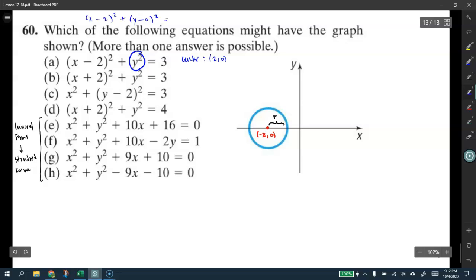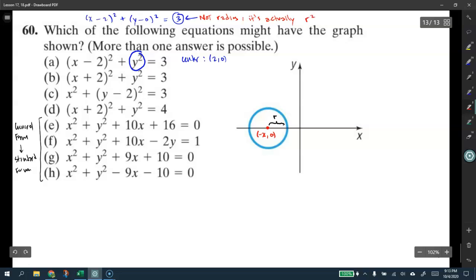And notice that the 3, what it really represents is, the 3 is not the radius. Be careful with this. Let me put this in red. The 3 is not the radius. What is it really? It is actually radius squared.